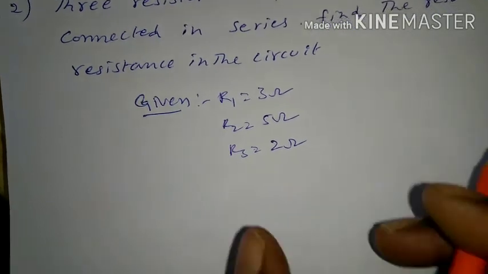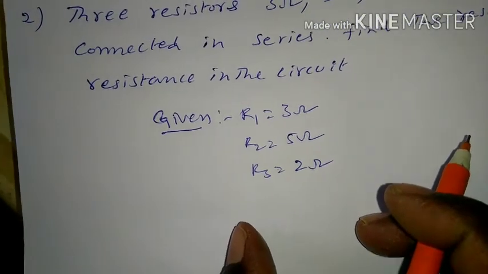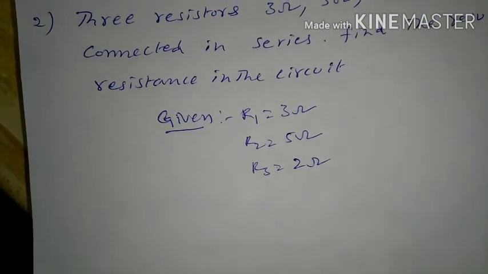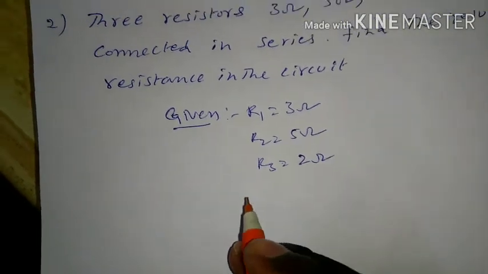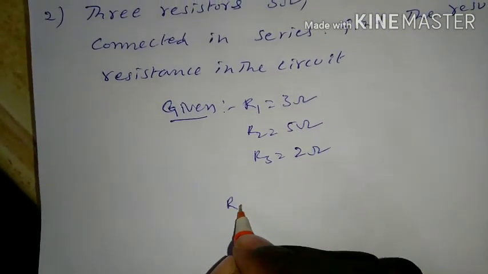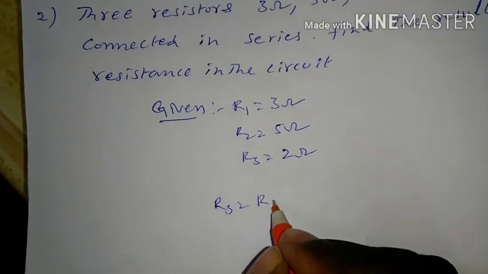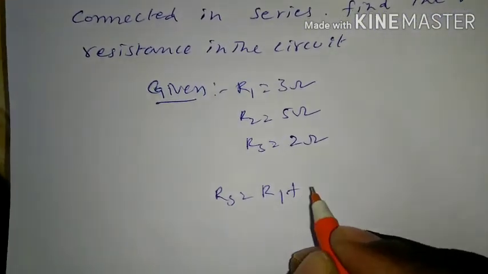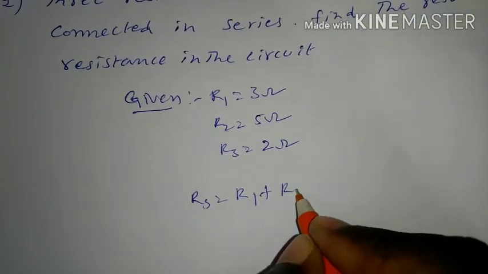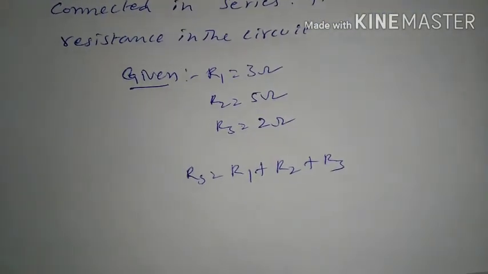For this series combination, what is the formula? Rs is equal to R1 plus R2 plus R3.